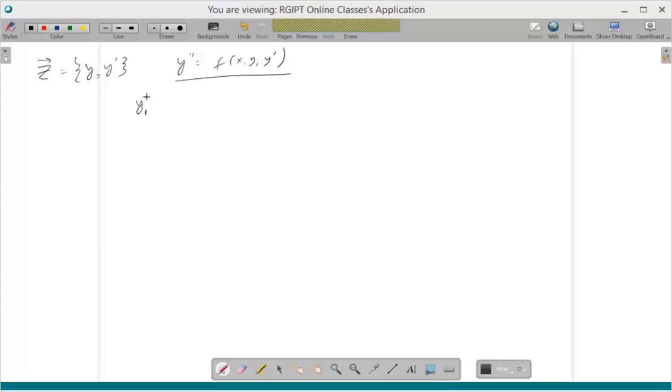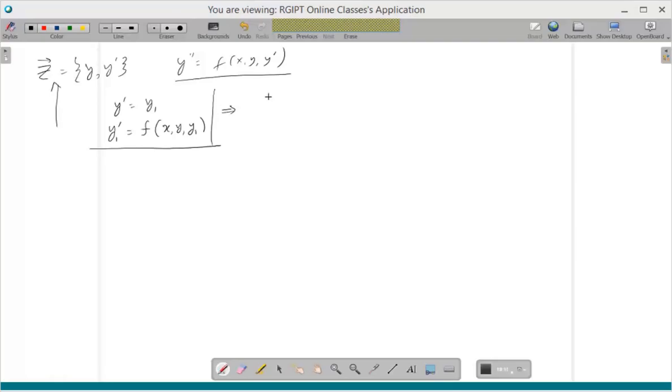One is defining the variable itself, y1 equals y prime, and y1 prime equals some function of x, y, and y1. So this is all I'm going to do.